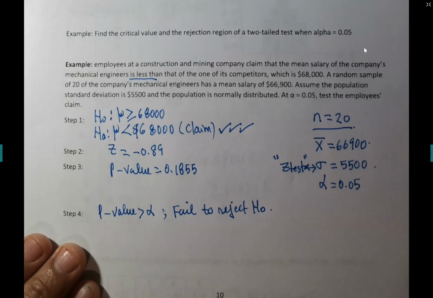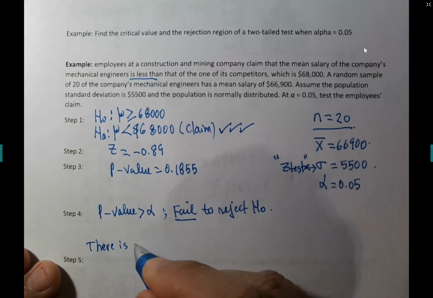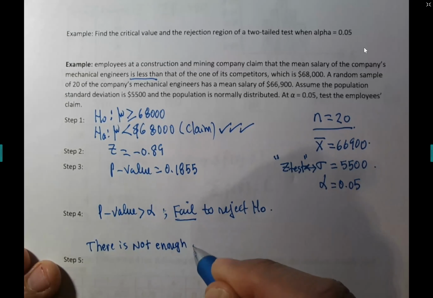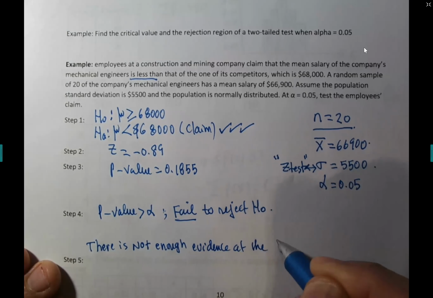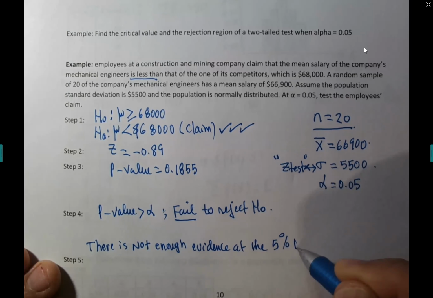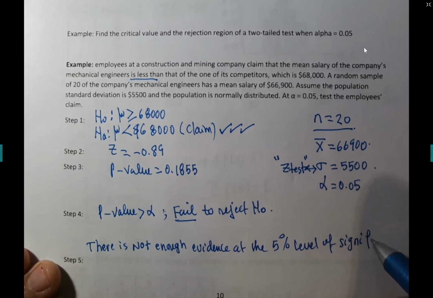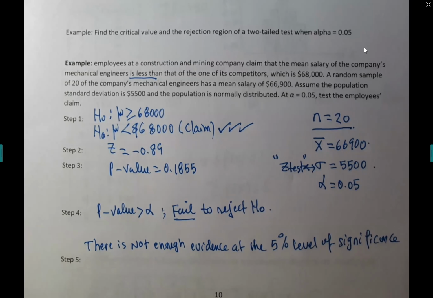And then step 5. Okay, you're gonna help me with that. Since we fail, we start with not enough evidence at the 5% level of significance. You have to tell the reader that you are using a level of significance here. There is a chance that you mistakenly reject H0 when it is true.